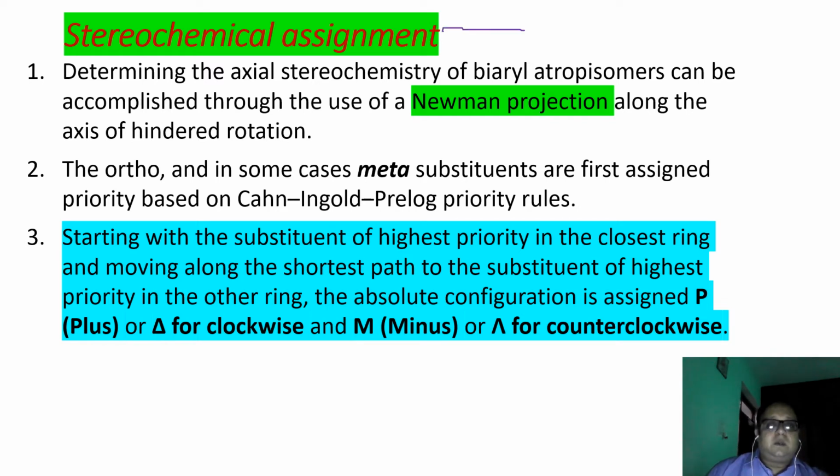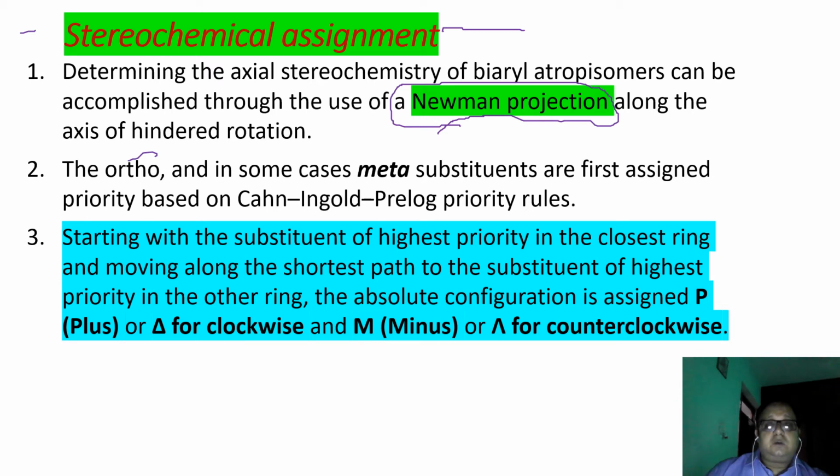Let's see how the stereochemical assignment is done for atropisomers. In order to accomplish stereochemical assignment for atropisomers, the Newman projection of this biphenyl nucleus is considered.